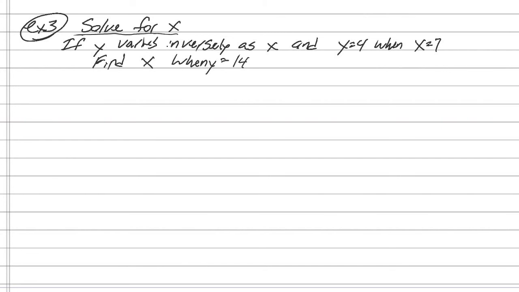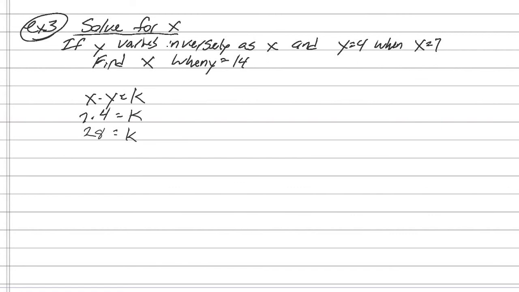So that gives me x times y equals k. So I can determine from that first statement of those coordinates that 7 times 4 will equal my constant of variation. 7 times 4 is 28, so k equals 28.